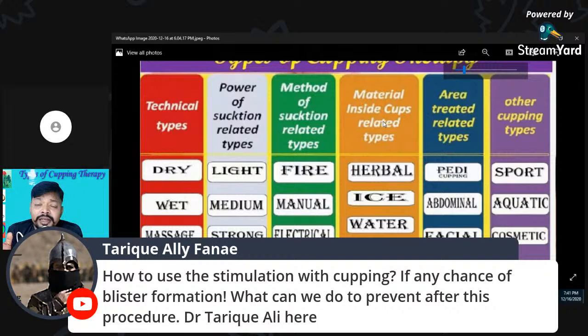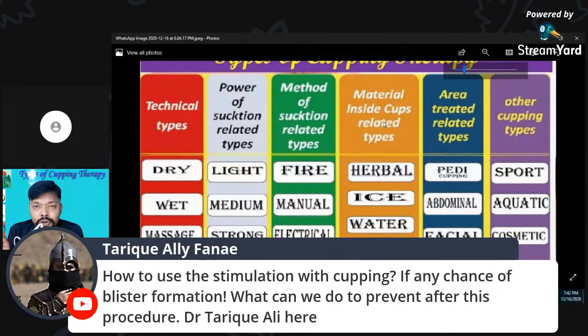A blister is formed if you stay on a stationary cup for more than 15 minutes, or it depends upon the patient. Elderly patients' skin condition is not fit to take that negative pressure, and a blister forms inside. Also during the session, when you apply the cup, we diagnose through the color marking of the cupping area.